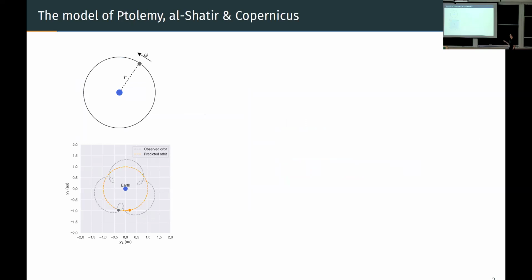It's basically saying, if I want to model the motion of this planet, what can I do? The simplest model is one circle around a center, where the center is the Earth. Of course, this doesn't fit the orbit very well, right? So Ptolemy's idea is that we don't have to stop with one circle. The next simplest thing is two circles.